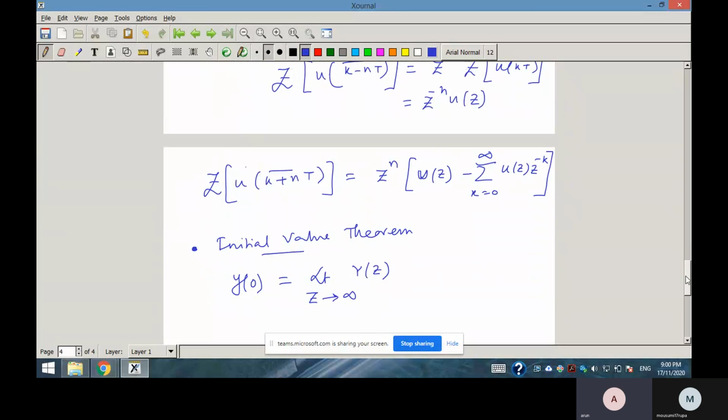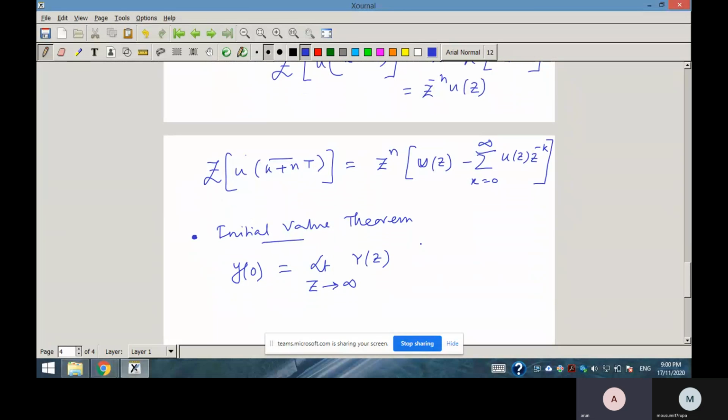And you can easily prove this. You can easily see Y(z) is the summation of y of nt into z to the power minus n, n equal to 0 to infinity.